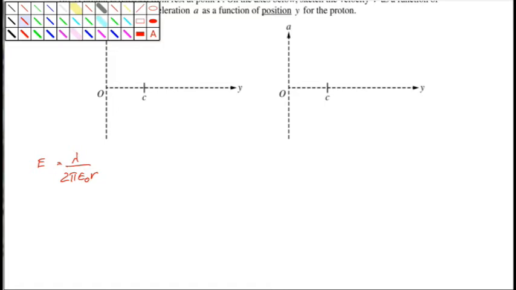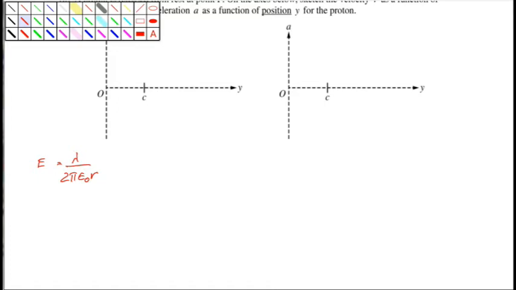And the proton starts at rest at point P, and we know that the direction of the force is going to be the same as the direction of the E field. So we know that proton is going to move along a radial path away from the positively charged cylinder. And we'll sketch the acceleration first, and then we'll use that information to approximate velocity.